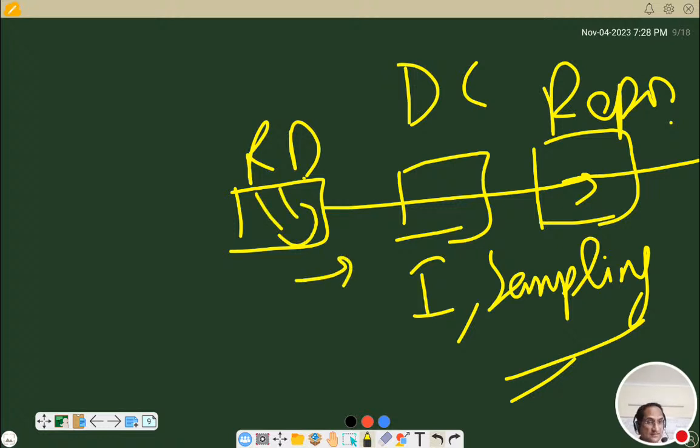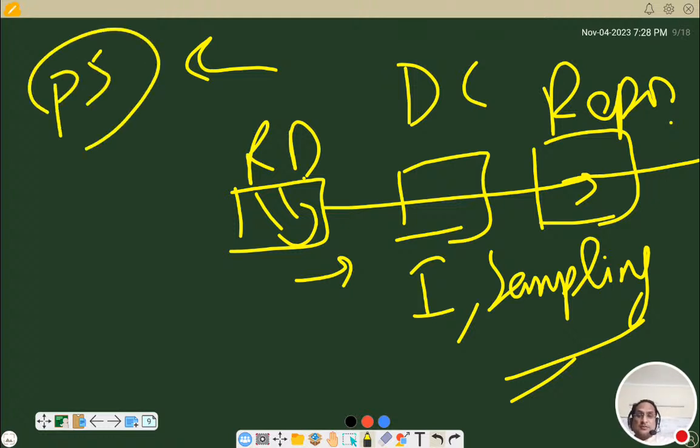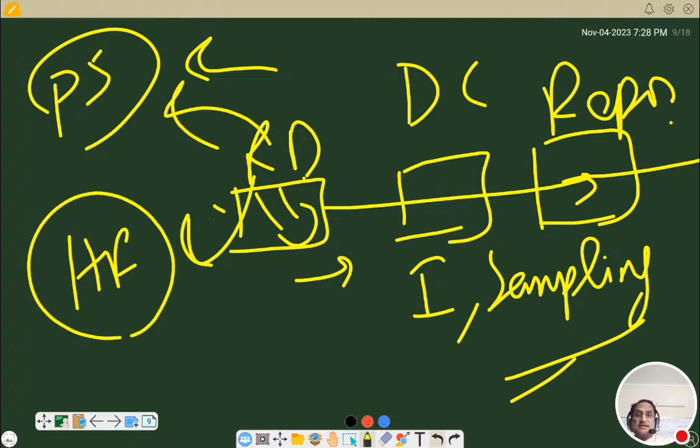The steps which are before this, that is problem statement one, hypothesis formulation two, are also affected by the research design.